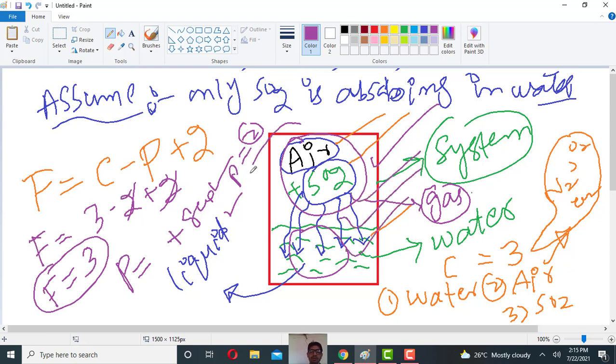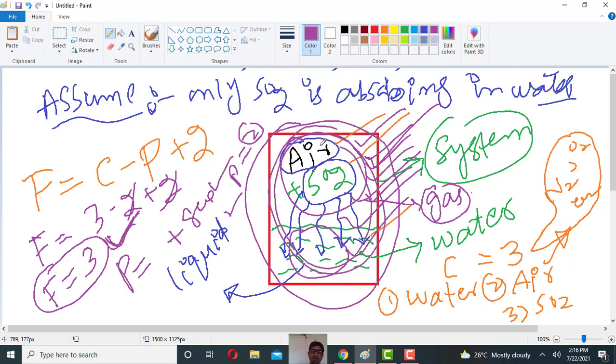When we determine these 3 independent variables, the other variables will be obtained automatically by using equations. So if we know these 3 independent variables, we will define this system completely.